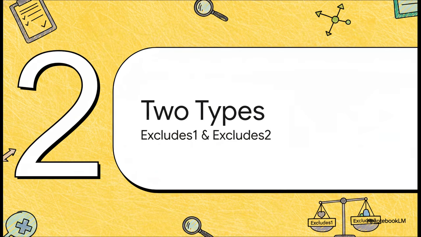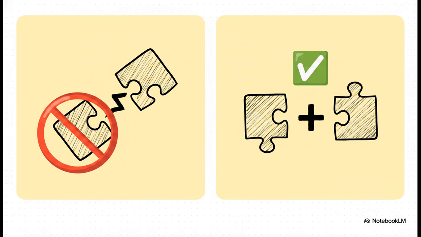Moving right along to Section 2, two types, Excludes 1 and Excludes 2. Not all excludes notes are created equal. The ICD-10-CM gives us two totally distinct types, Excludes 1 and Excludes 2. And this highlights a massive fundamental truth in medical coding. You just can't skim the word excludes and assume you know what to do.